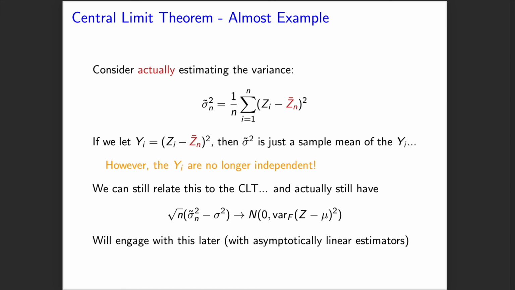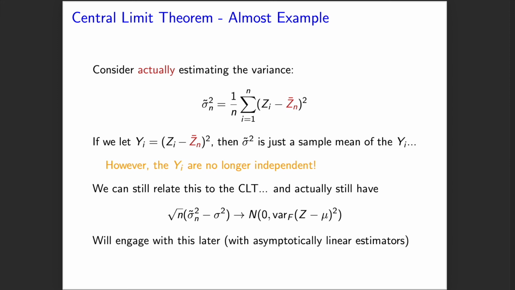So let's consider what we might do when we're actually estimating the variance. And when I say actually, I mean generally we don't know the population mean. So we take that sigma hat squared estimator and we swap mu, the population mean, for z bar_n, our sample mean. So here we have an estimator for the variance, sigma tilde squared, that is an empirical average, but now each of these y_i that we're averaging is (z_i minus z bar_n) squared.